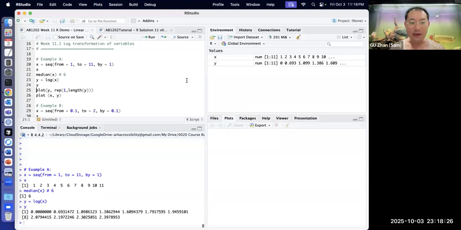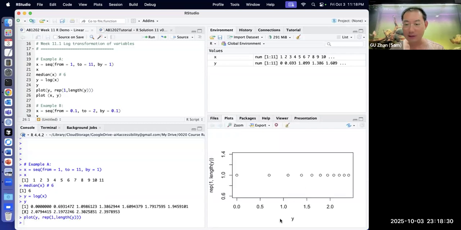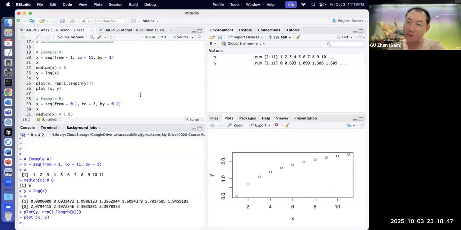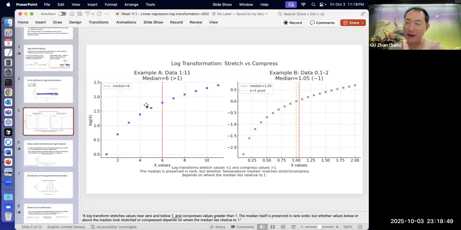Then y equals log x. We can see the transformed log x values, and then plot the relationship between x and y. This is what you are seeing on the left side.